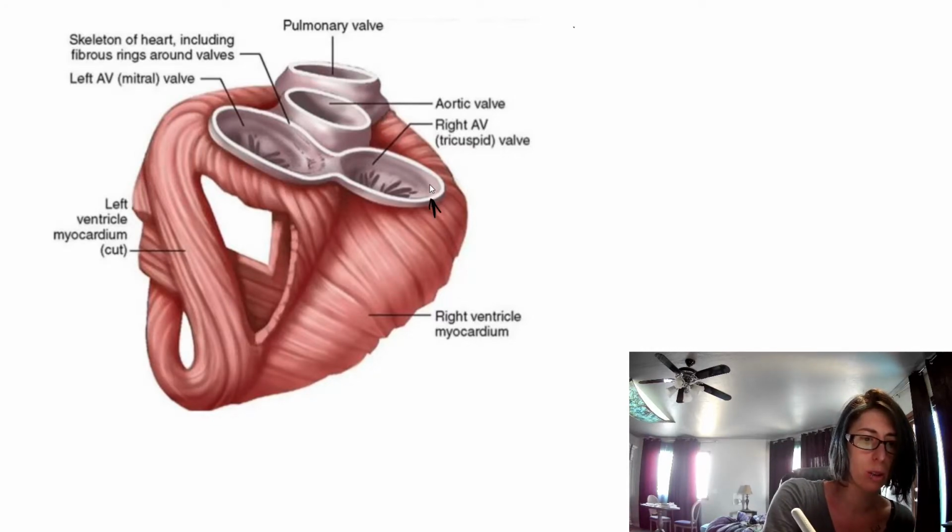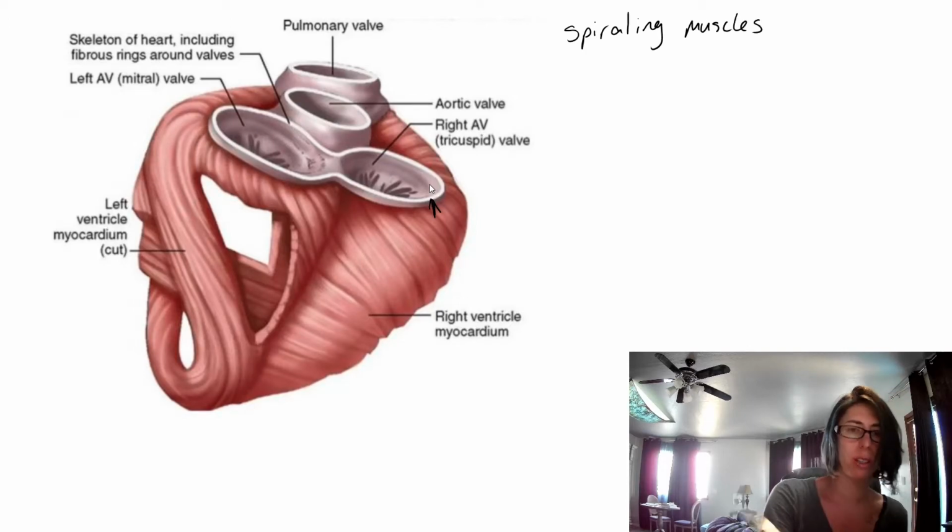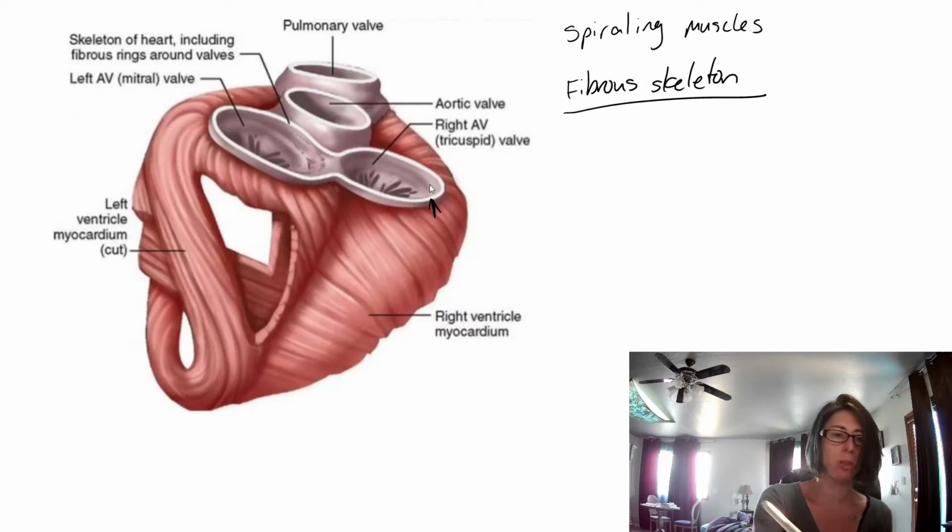So we'll say first we have the spiraling muscles, and that causes that wringing motion during heart contraction to wring out the blood. And then we have the fibroskeleton. Let me list a few purposes of the fibroskeleton.